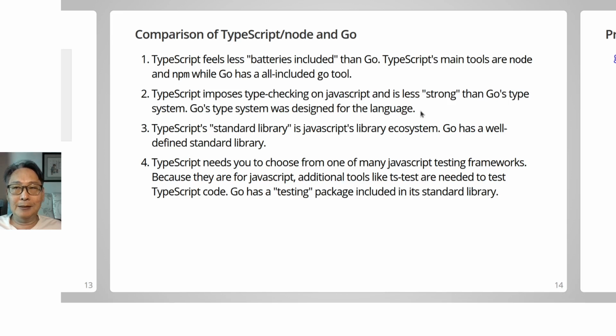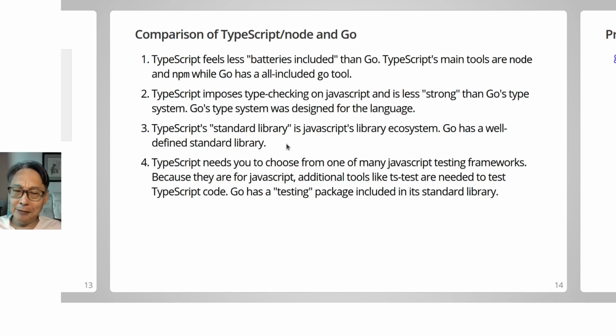TypeScript adds type checking on top of JavaScript, and it only has basic types like numbers, strings, objects and arrays. So it's less strongly typed than Go's type system. Go's type system was designed ground up for the language.